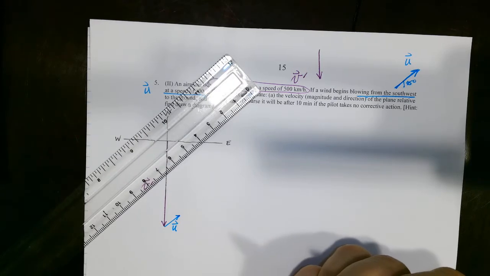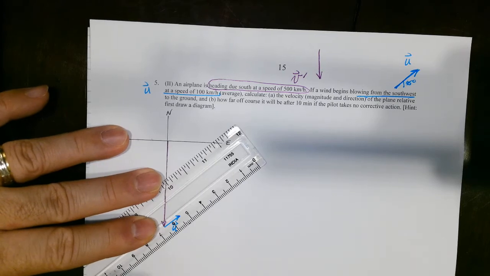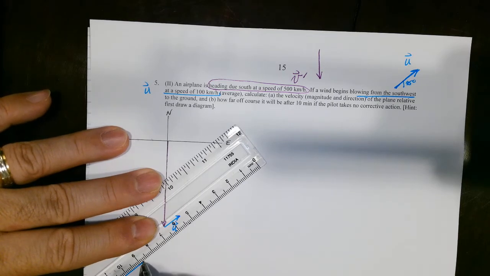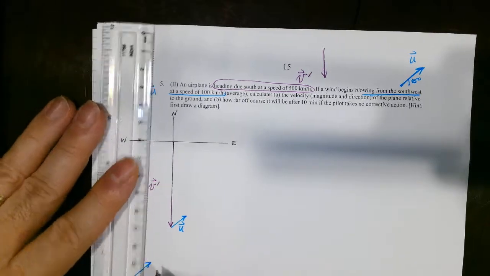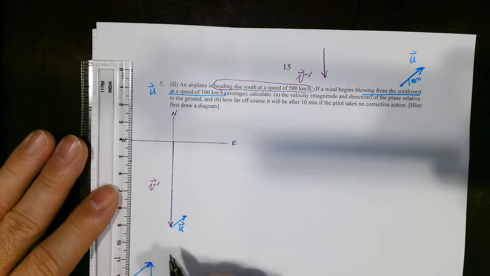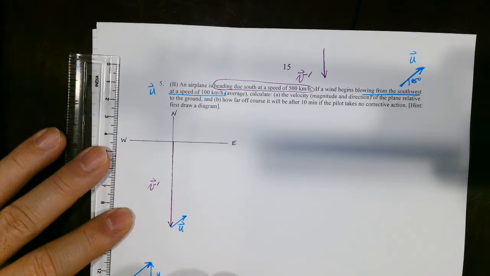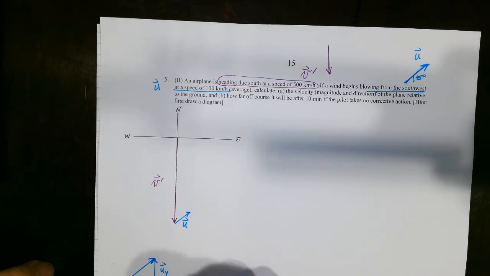Okay? So if I were to break this U up into X and Y components, it's going to look like this. This is my UY, and this is my UX.